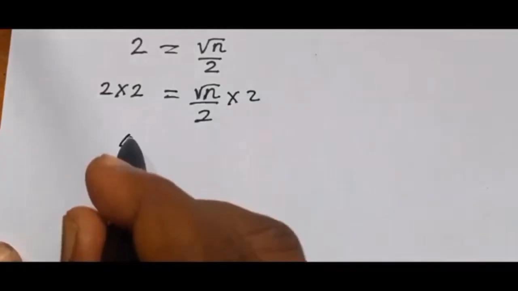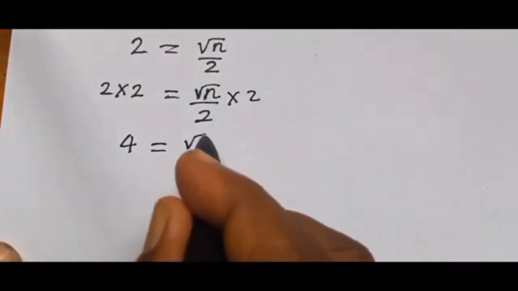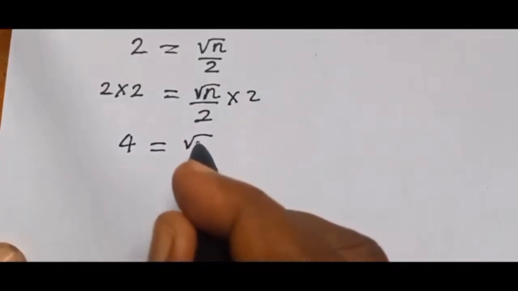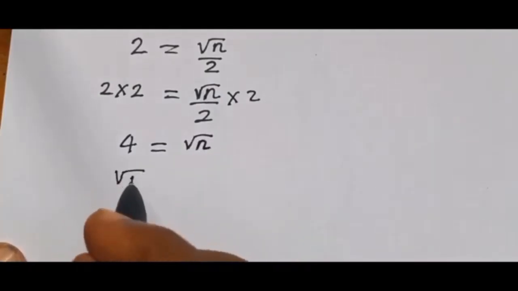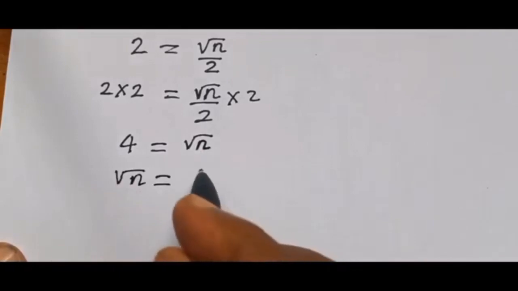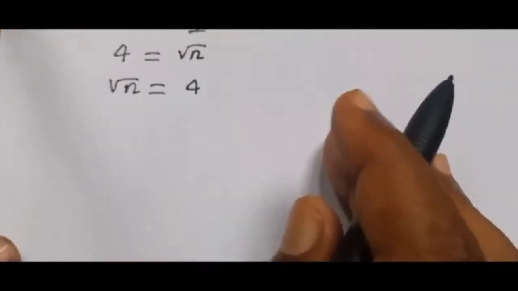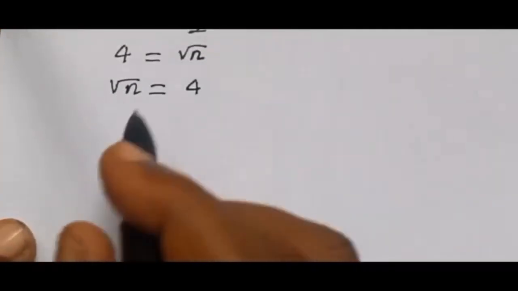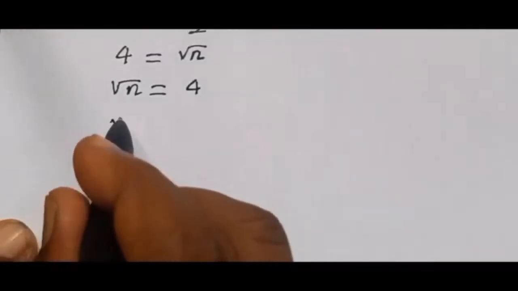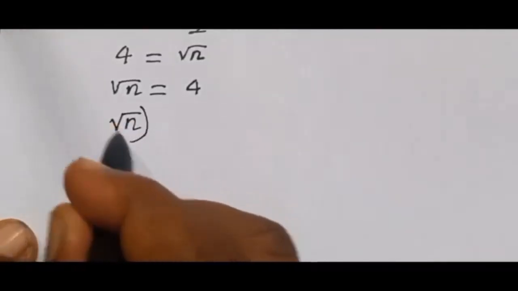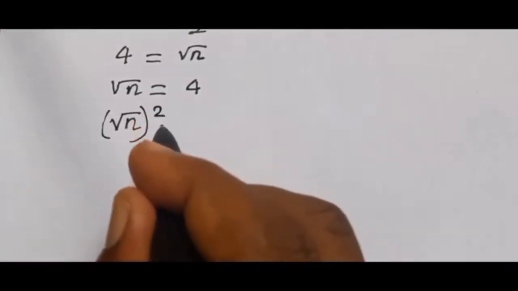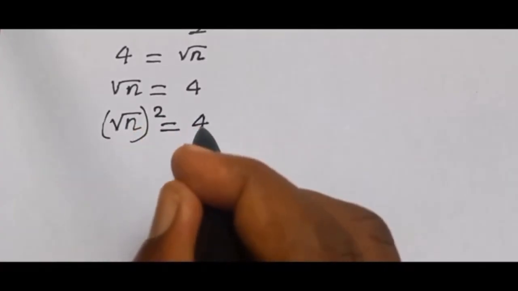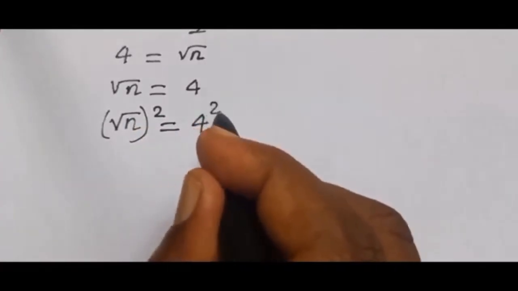So we have 4 equals root n. So root n equals 4. Squaring both sides, we have radical n power 2 and 4 power 2.